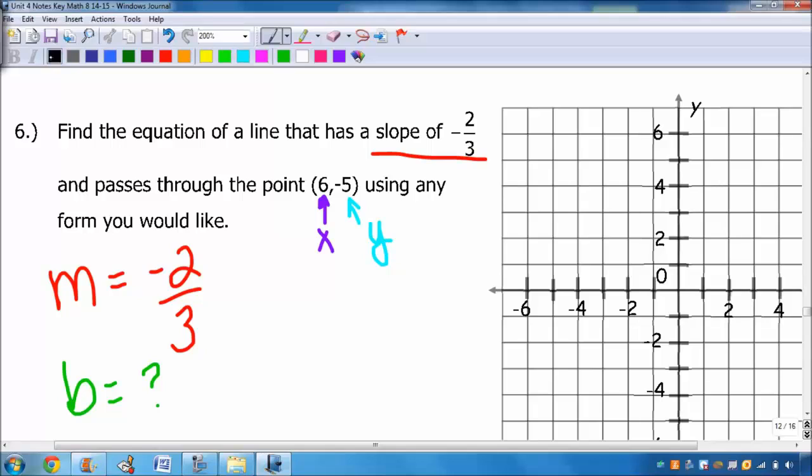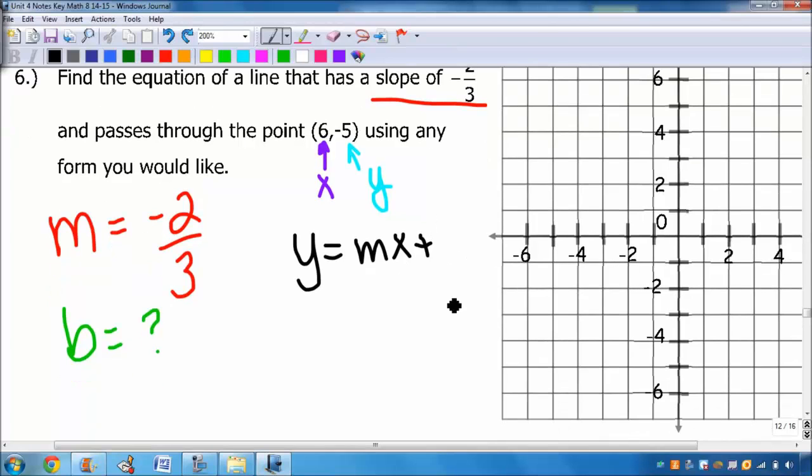So remember, when we use our equation y equals mx plus b, I'm going to color code it so you can kind of see where all of this stuff comes from. So the y, we have color-coded right here, equals m, we know m is negative 2/3, so m, x, we know.